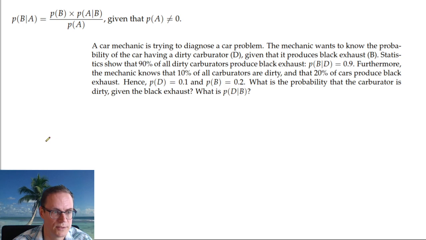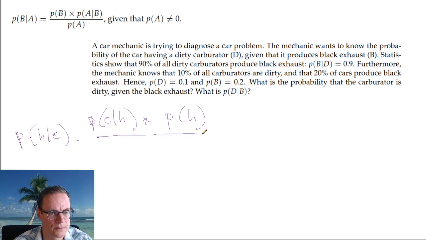Sometimes with Bayes' theorem you have to calculate the probability of the hypothesis given the evidence equals probability of evidence given hypothesis times probability hypothesis. Sometimes what's in the denominator is a little more complicated, because in many cases we don't know the probability of E, the evidence.